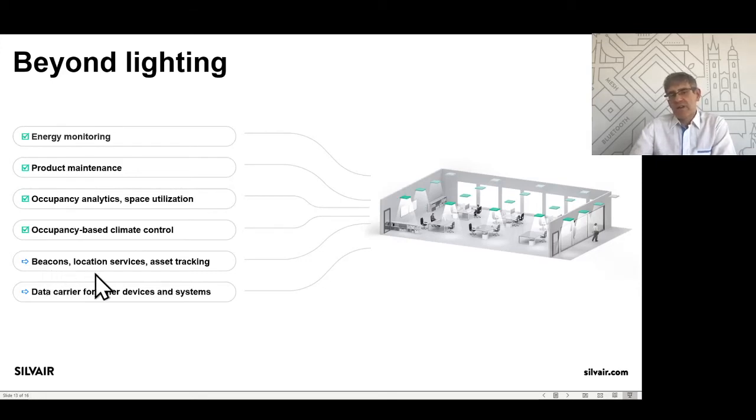So a system like that may start offering location services, it may be used as the system for asset tracking. Last but not least, this lighting mesh network can also act as a carrier for other devices and systems.